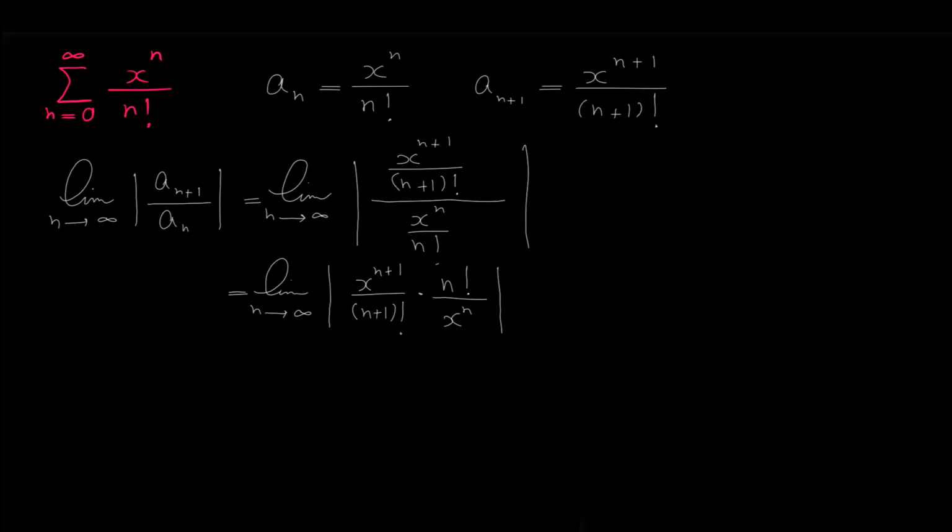Let me show you how we can simplify the expression inside of the absolute. The expression inside the absolute is x to the n plus 1, which we can write as x to the n times x. Based on the definition of factorial, we can write n plus 1 factorial as n plus 1 times n factorial, times n factorial over x to the n.